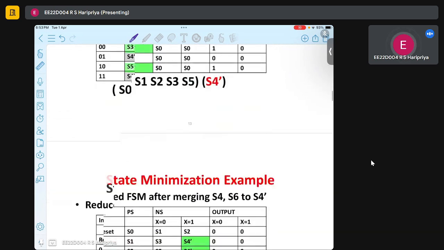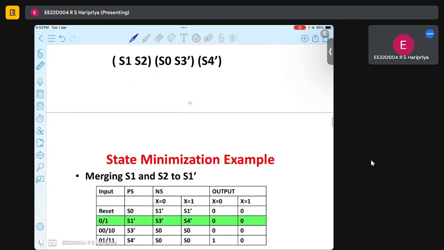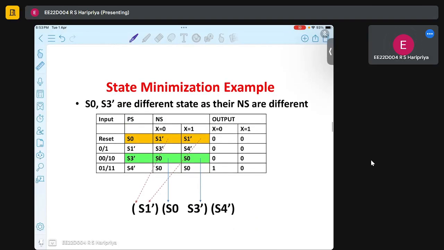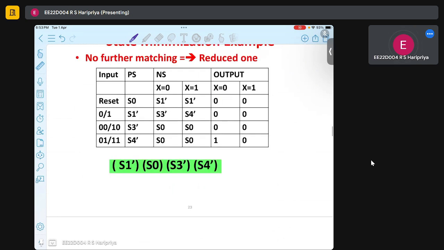S4 and S6 are equal, so we said S4 dash. Next, S3 is equivalent to S5, which is equivalent to S3 dash.